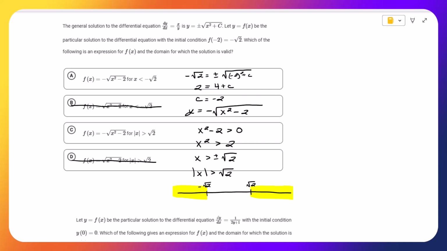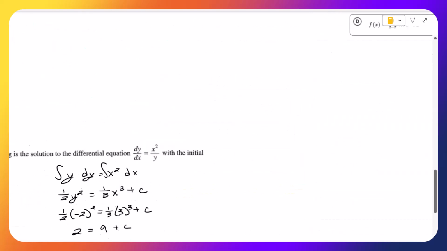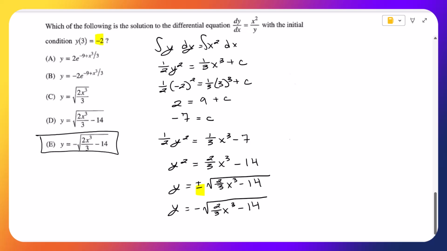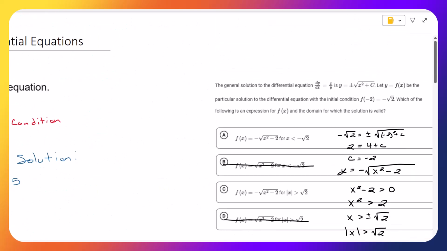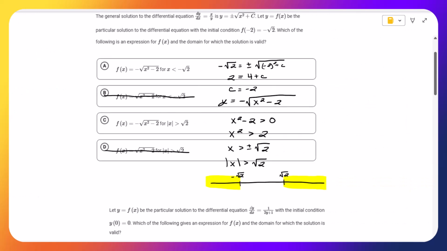So we need to choose the part of this that is specifically with our initial condition. Similar to how we did over here, we chose one that satisfied our initial condition between the plus or minus. We're doing that same thing here. So we're choosing this negative one. I'm going to highlight it in blue so it should turn green if I'm correct. Yeah, see, it turned green. So we only have this part of our domain.